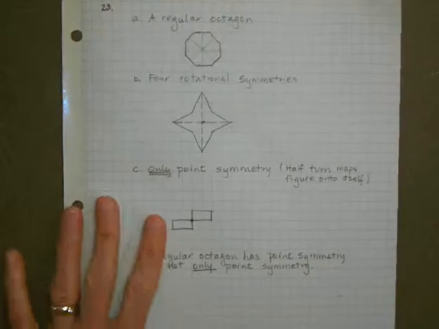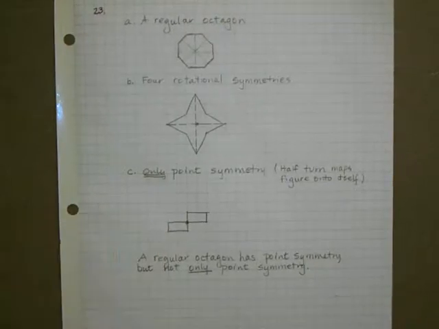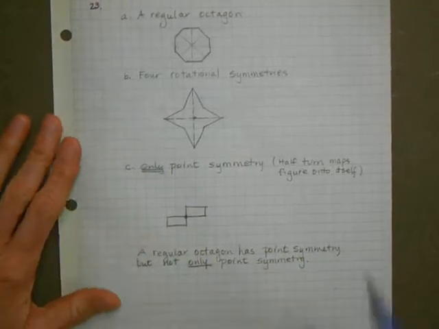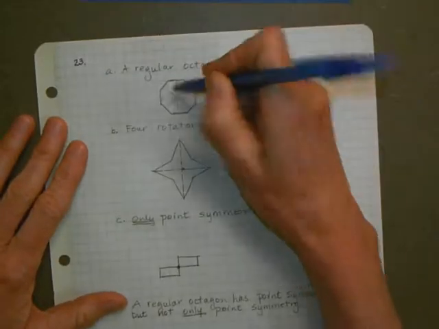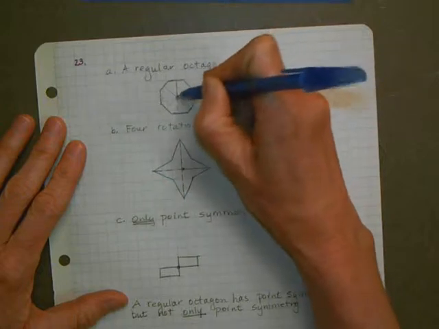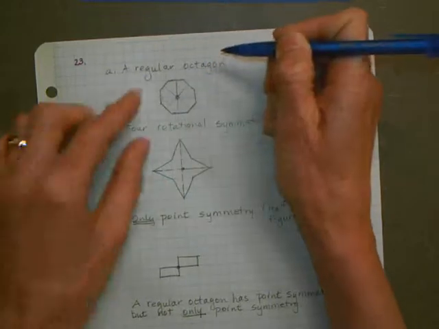All righty, and then 23, this is the last one here for this. 23 says it wants you to draw an octagon with 8 rotational symmetries. So, you can kind of think of this as like a doorknob, and each symmetry here I can rotate.